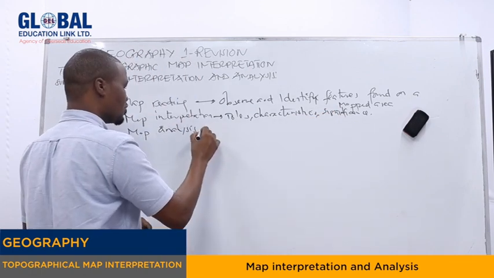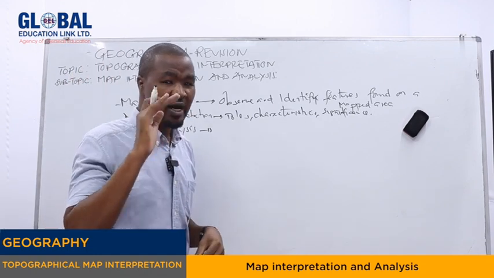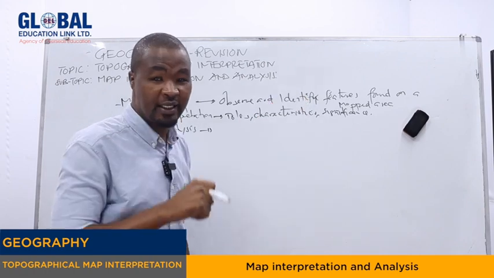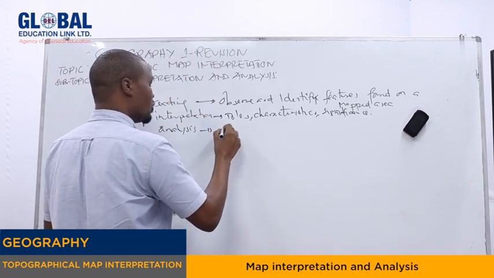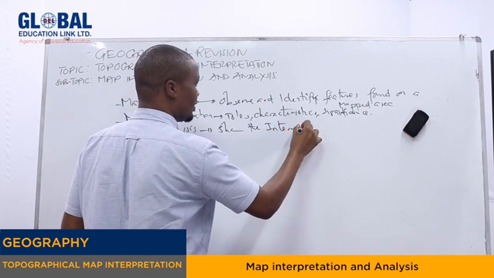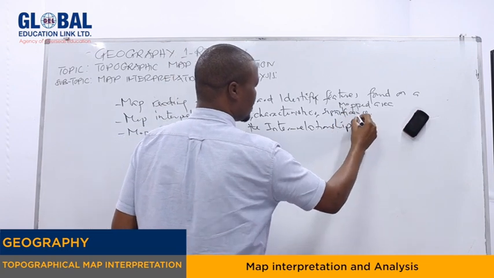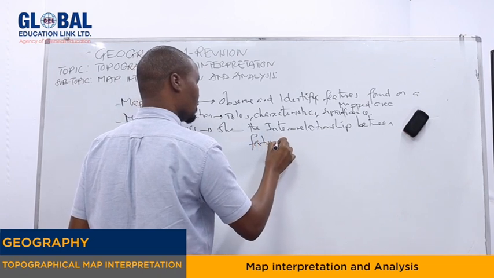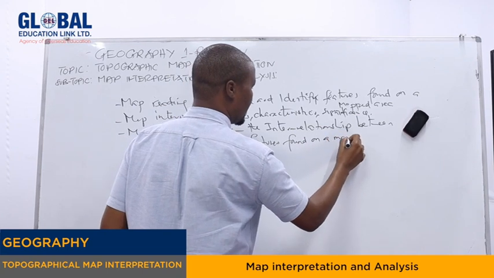So we come to what we call map analysis. In map analysis, after identifying the features, we have to show the interrelationship between features found on a mapped area.